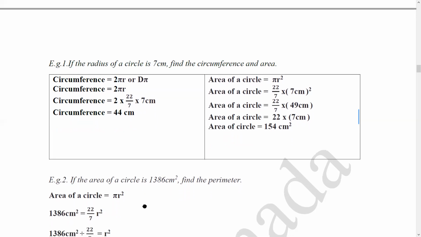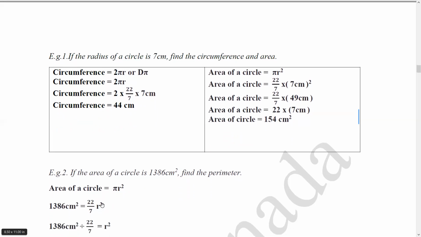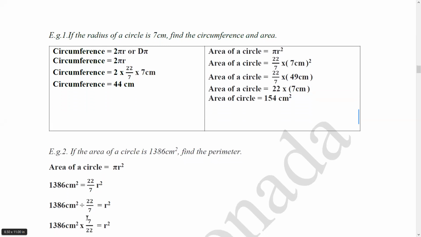We want to find r. So the first thing you want to do is take this multiplication across. Multiplication goes across, it becomes division, and division turns to multiplication and we flip the fraction. So it becomes 1386 centimeters squared multiplied by 7 over 22 is equal to r squared.